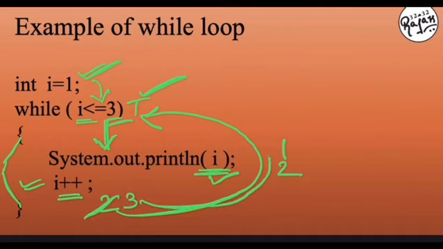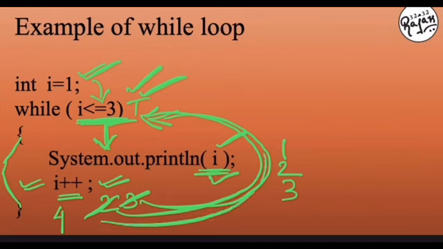Again you go up to the condition part. Again it checks 3 less than equals to 3. Yes, the condition is still true. So you get inside the body and it prints the value of I, that is 3. Then it comes to I++ again, and the value of I from 3 becomes 4.